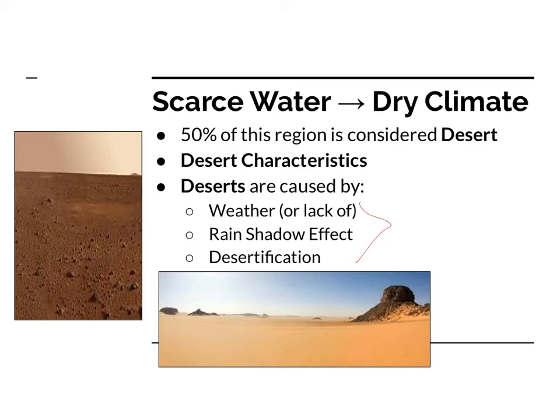Characteristics of a desert include less than 20 centimeters of water annually, very little vegetation, lots of barren rock and dirt and sand, not a lot of weather. Generally, you have very, very hot temperatures in the day and very cool temperatures at night because there's nothing to insulate the land that keeps it warm.